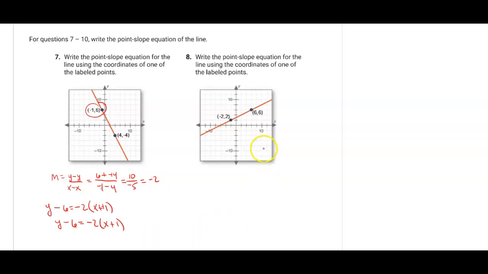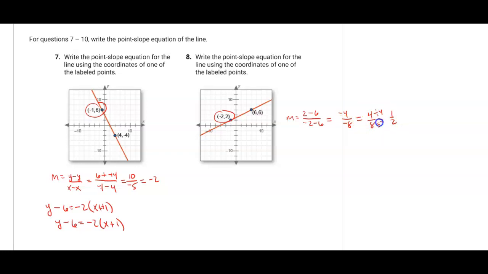Okay? Now the next one, if I go to find the slope of this line, alright, I'll start with this point. So we would do 2 minus 6 over -2 minus 6. 2 minus 6 is -4 over -8. And a negative divided by a negative is a positive, and 4 over 8 would reduce to 1/2.